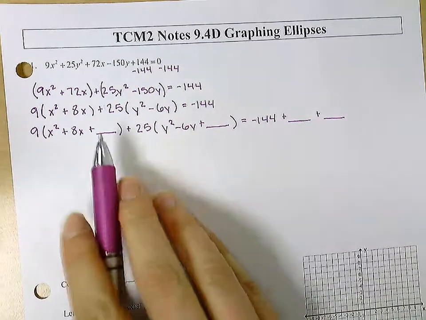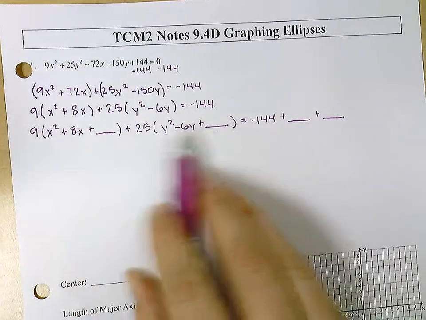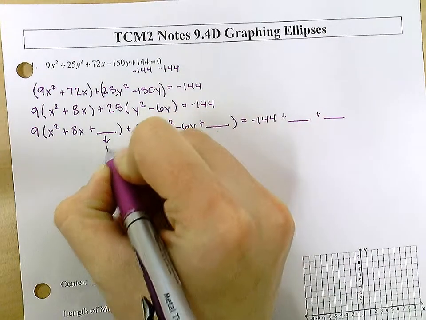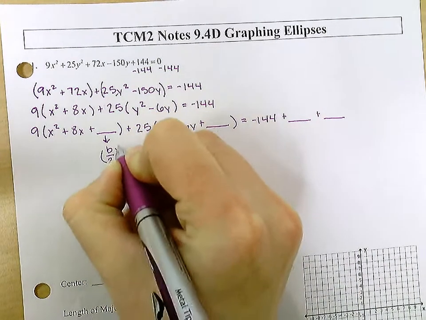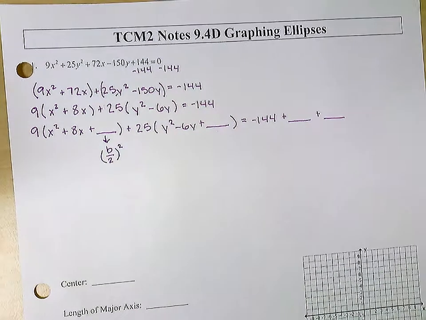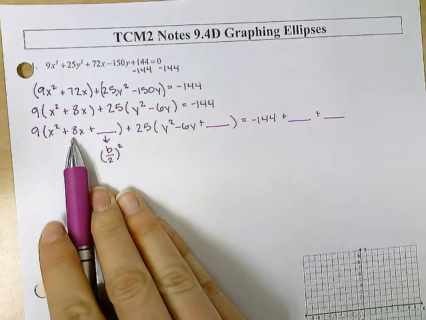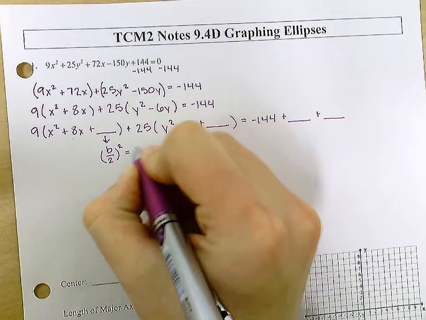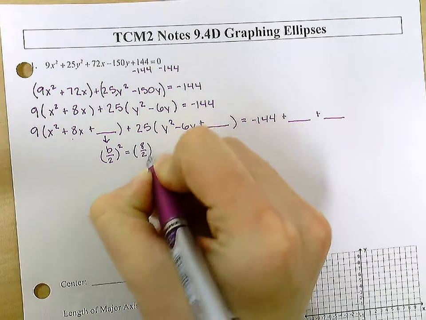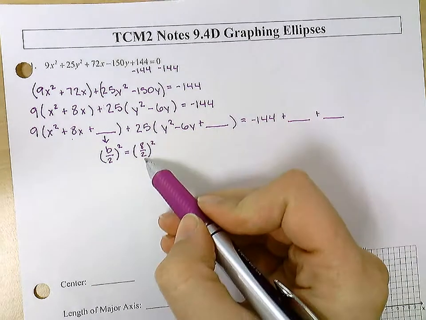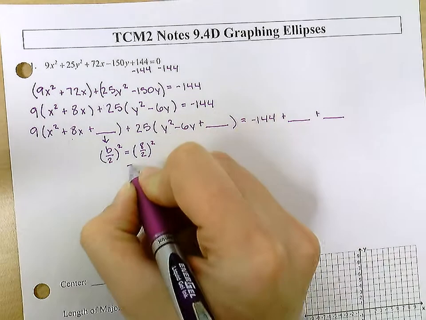So to get each of these values, you have to take b over 2 and square it. Okay, so my b value inside my parentheses here is 8. So 8 divided by 2 squared. 8 divided by 2 is 4. 4 squared is 16.